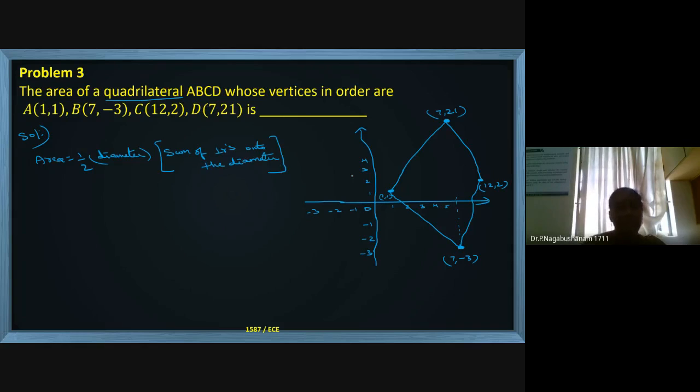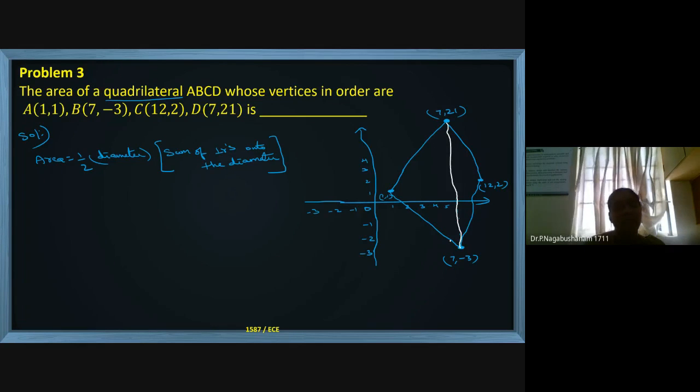Now you can see, I will take a different representation. If I join these 2 points, what is the distance? Above x-axis it is 21. Below x-axis it is 3.